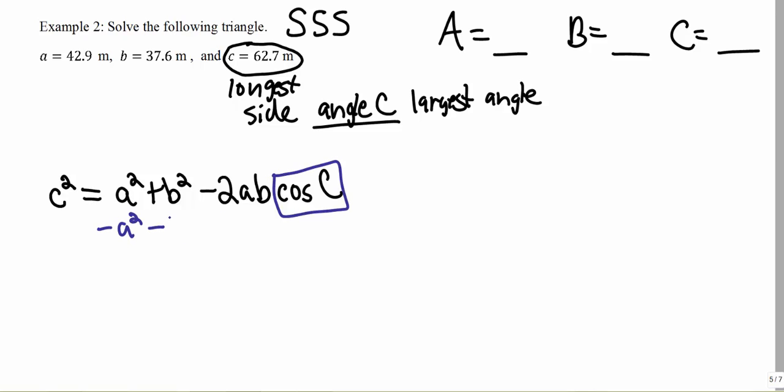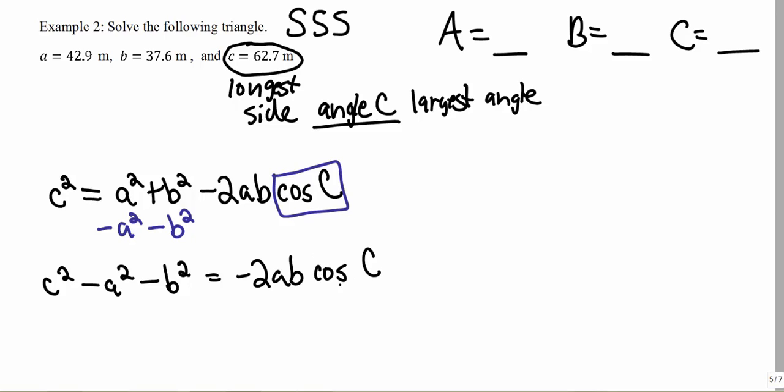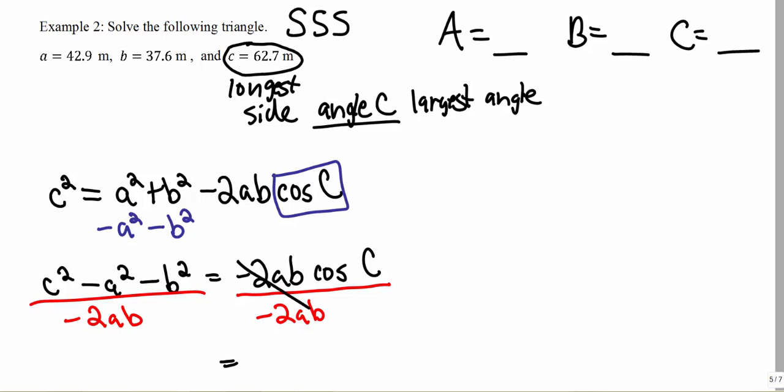So we'll subtract A squared and B squared. You could also plug all of the values in and then rearrange. Either way would work. I'm just going to solve to get cosine C by itself first. And then, of course, divide by minus 2 times A times B on both sides. And that'll give us cosine C by itself.